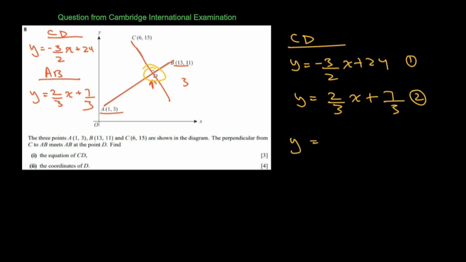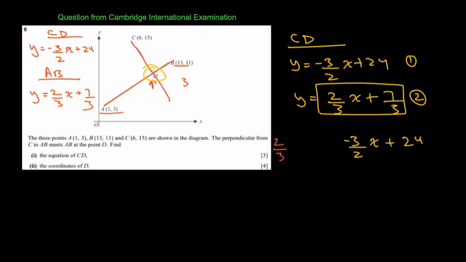Equation 1 is y equals negative 3 over 2x plus 24. Now for this value of y, I can use 2 over 3x plus 7 over 3, since y also equals 2 over 3x plus 7 over 3. So 2 over 3x plus 7 over 3, which is y, equals negative 3 over 2x plus 24. So this is y equals y.